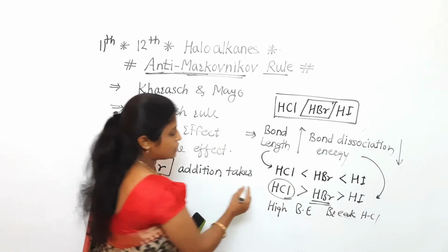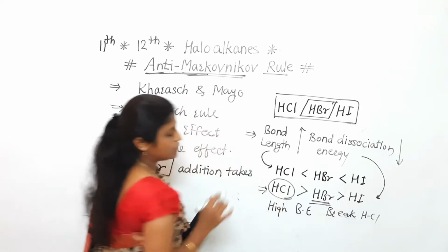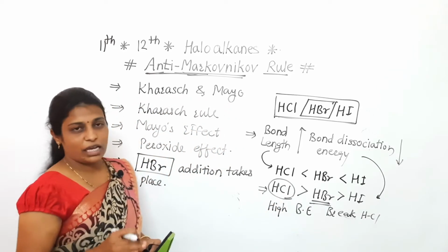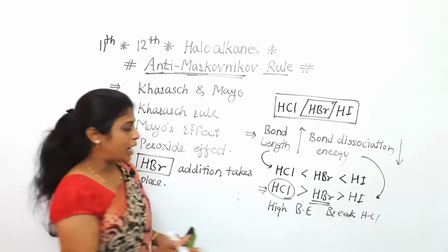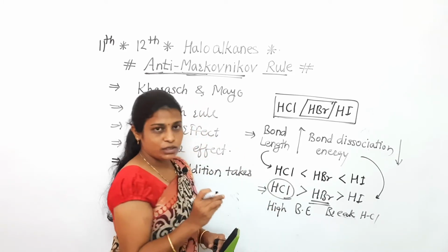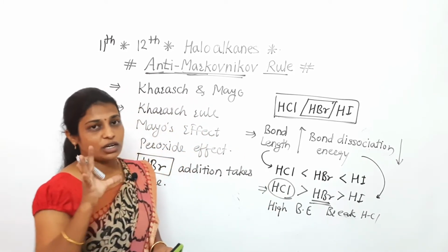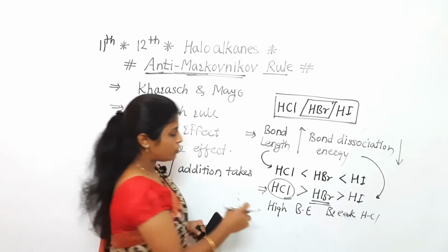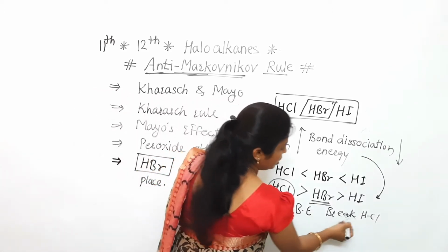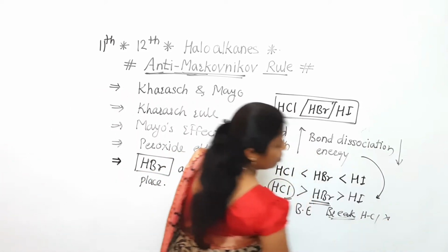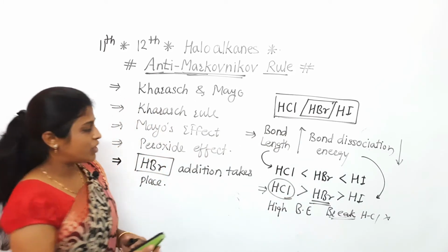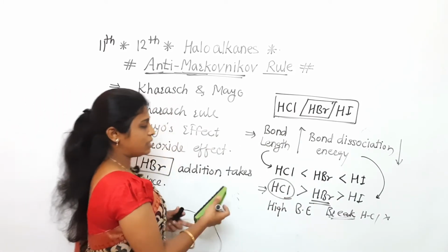Clear to everyone? This is the reason why HCl is not taking part in this reaction. The bond length is lowest, but the bond dissociation energy required is higher, and because of that, bond breaking is not easy. That's why HCl is not taking part in this reaction.